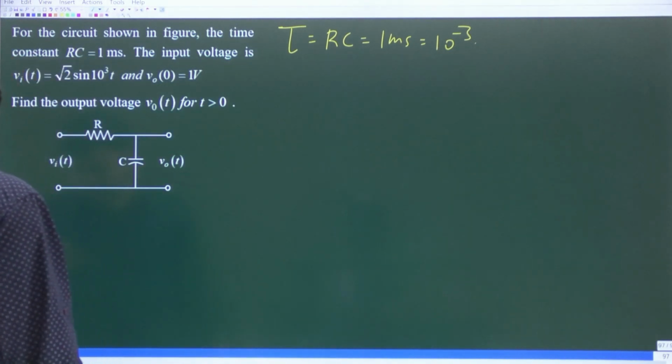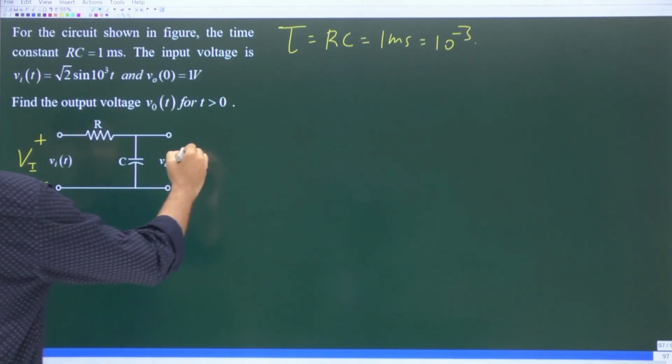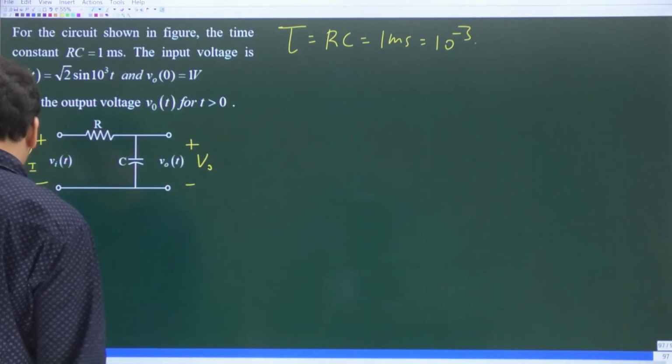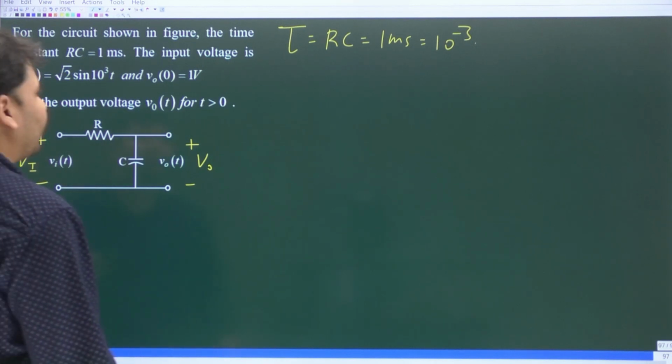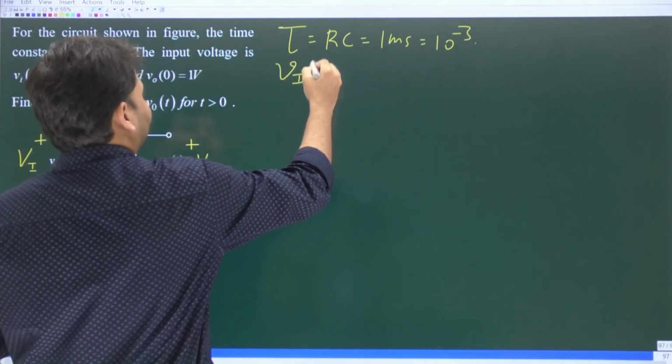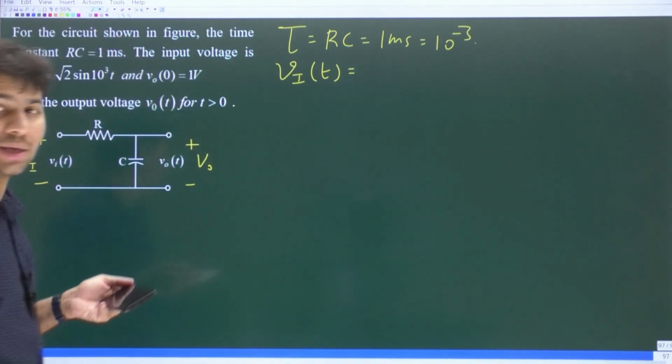Okay. The input voltage, this is what? The input voltage, and the output voltage is what? Across the capacitor. Okay. So for this RC circuit, the input voltage is what? √2 sine 10 power 3 t. So Vi of t, that is what? Voltage applied across the RC circuit.